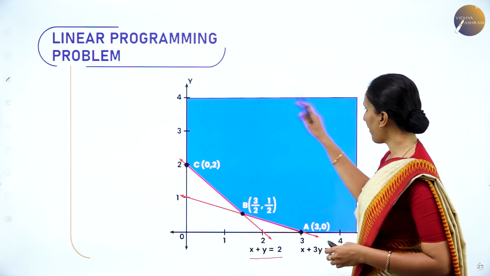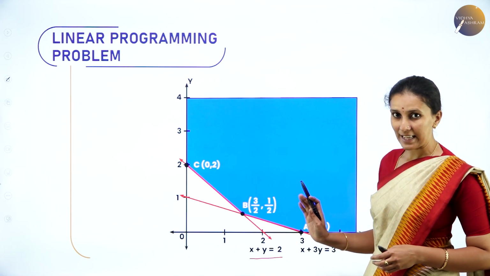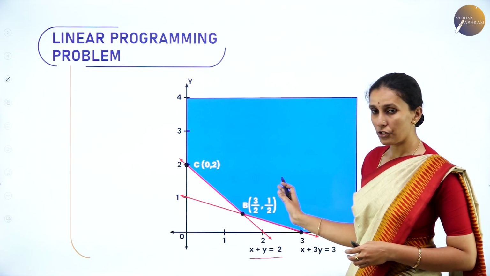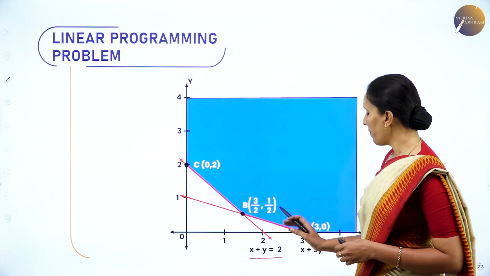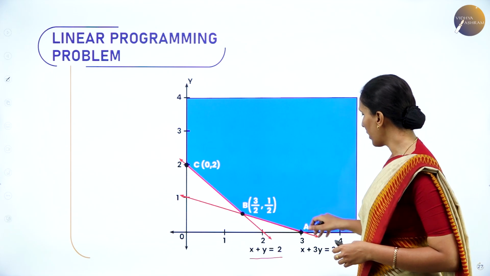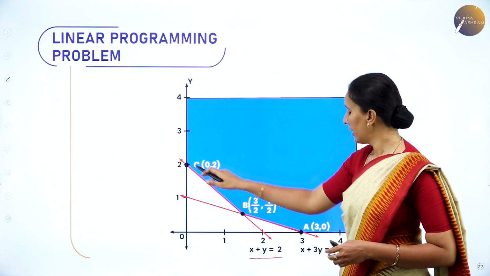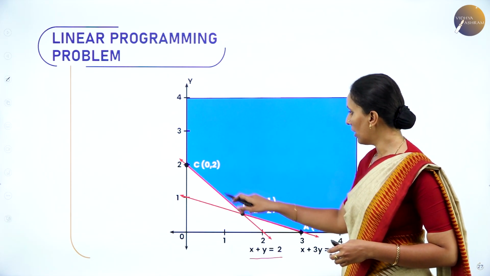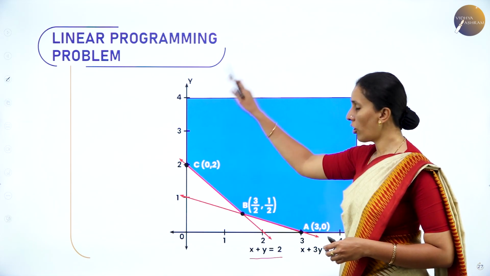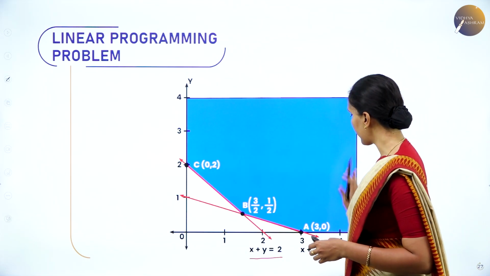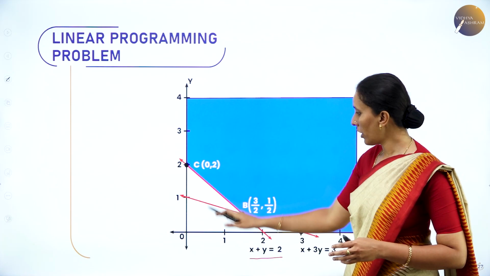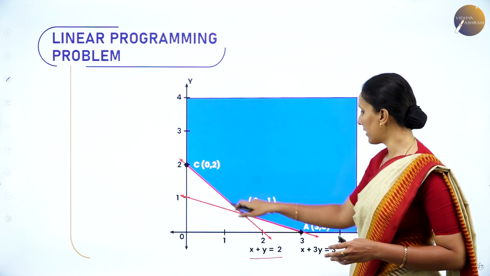So the entire region on the x-axis will be the feasible region for this graph. Once you find the corner points, you can see they are on the x-axis and on the y-axis, not anywhere else, because the entire x-axis forms the solution. So there will be no other corner points other than these three.